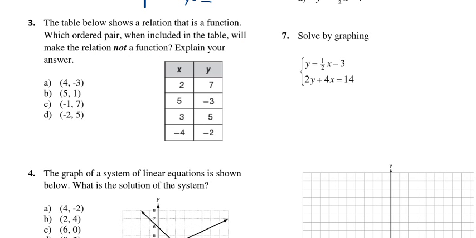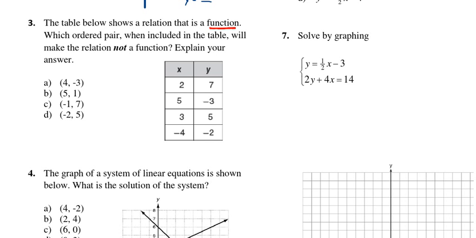So this exercise is dealing with functions, but you need to remember what a function is. A function is a relation where every value of x corresponds to only one value of y. So let me repeat one more time. A function is a relation where each value of x corresponds to only one value of y.